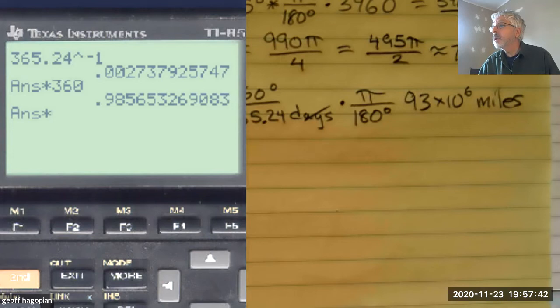So times pi divided by 180. Oh, that's 180. And then times 93 million miles.